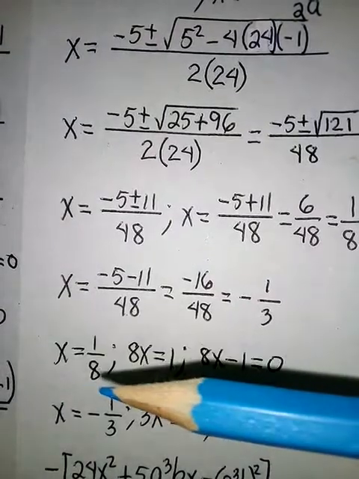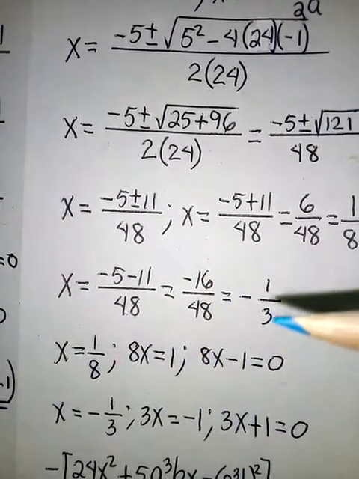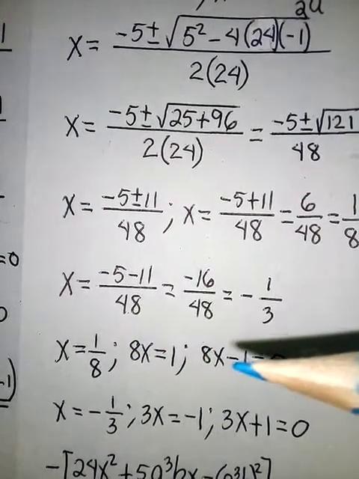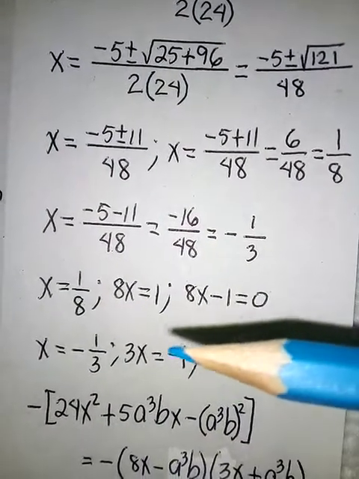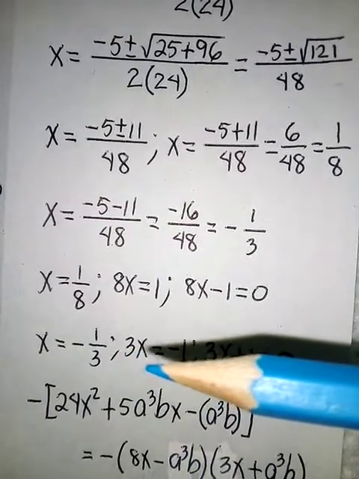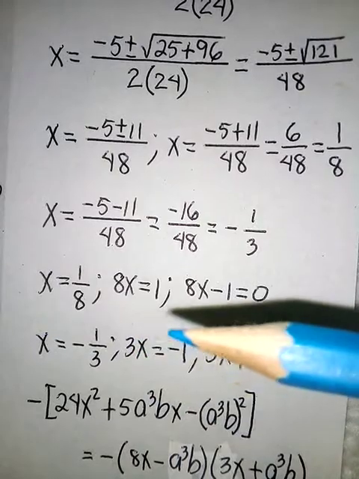And then transpose 1 to the left side, we have 8x minus 1 is equal to 0. And then we have x is equal to negative 1/3. Cross multiplication, x times 3 is 3x is equal to negative 1. Transpose negative 1 to the left side, we have 3x plus 1 is equal to 0.